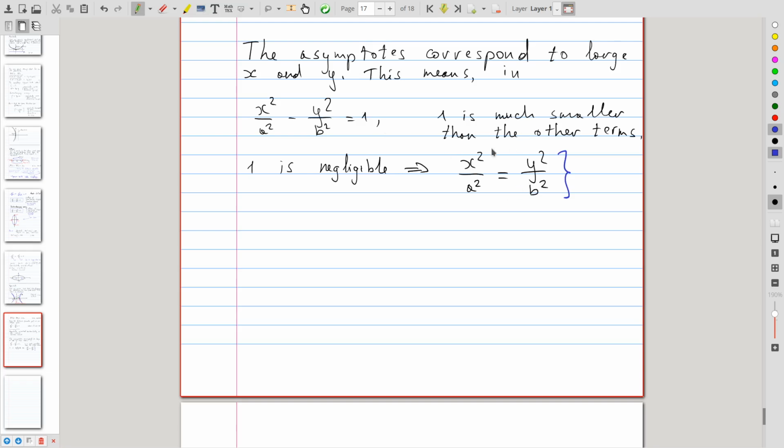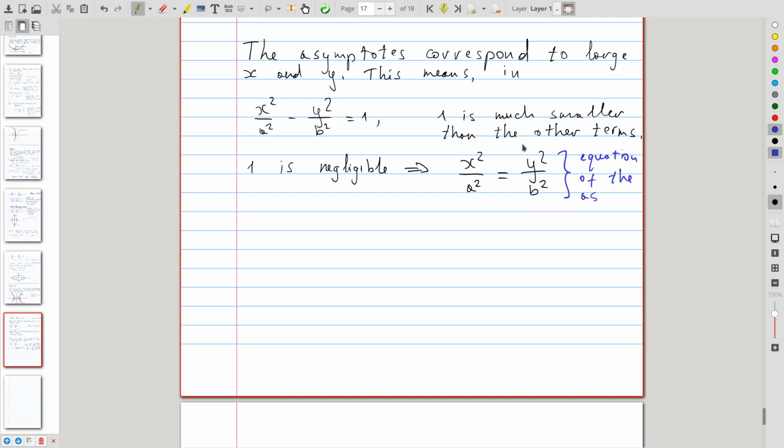And since 1 is negligible, you rewrite this equation in this form. And I should, in principle, write this not as an exact equality, but as an approximate equality. But still, the way to arrive at the equation of the asymptotes is just write this with exact equality and say, well, this is the equation of the asymptotes.